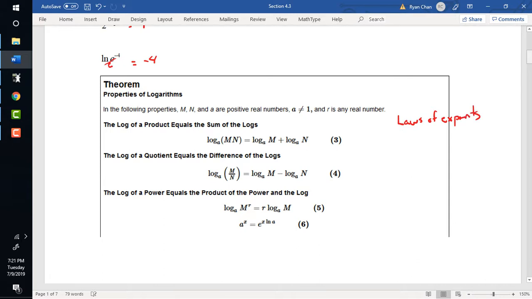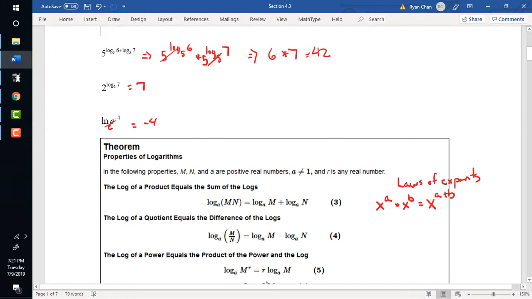If I have x to the a times x to the b, I can add my exponents together. So that's what we did here, only we went backwards. Okay? So if I multiply things with the same base, that's why I add the log base 5, 6 plus log base 5, 7. Okay, and you can go backwards and forwards with that.